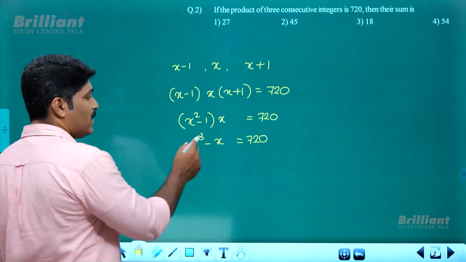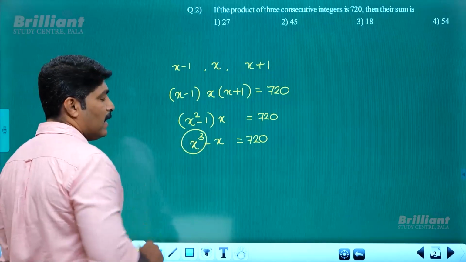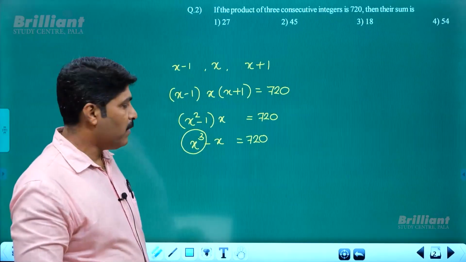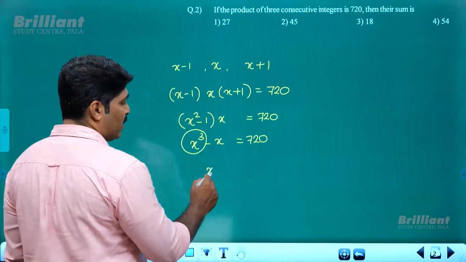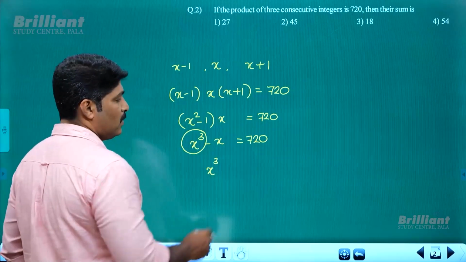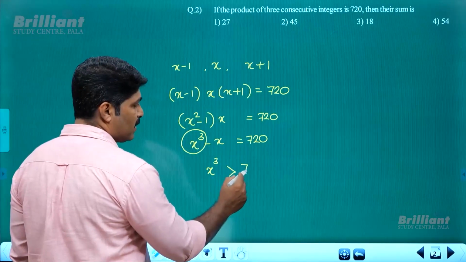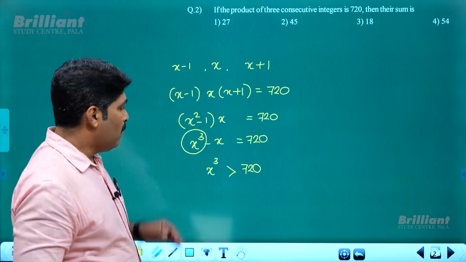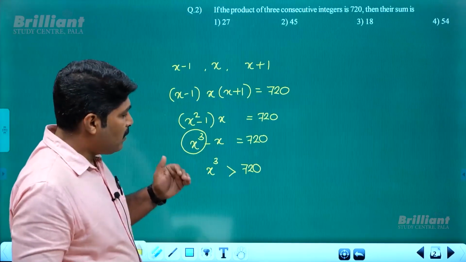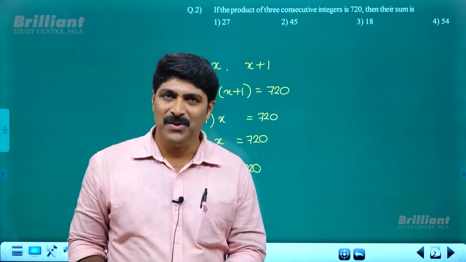Anyway, just consider this as x cube. Think about a perfect cube in this range. This x cube is definitely greater than 720. Which perfect cube is immediately greater than 720?